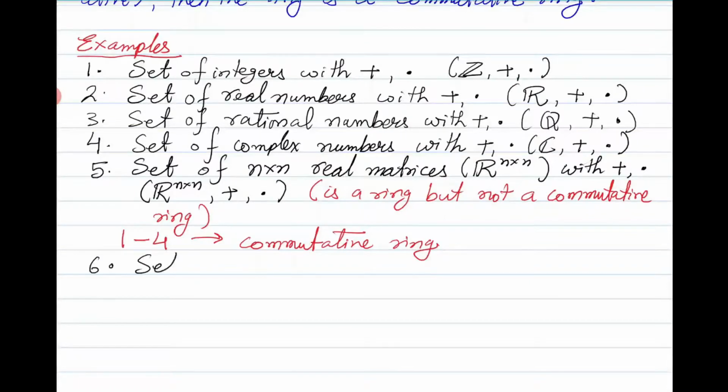What can you say about the set of polynomials in T, denoted by the double-struck P?